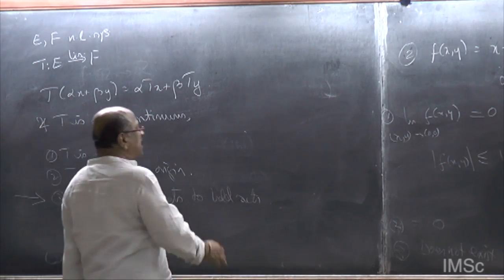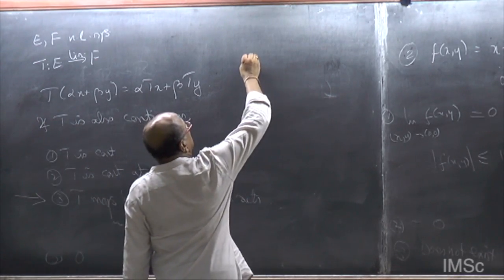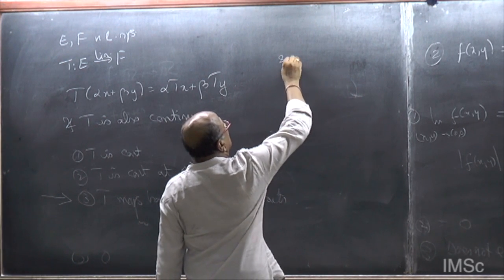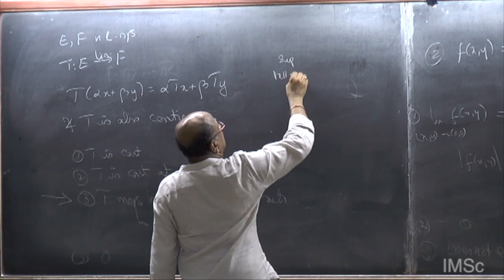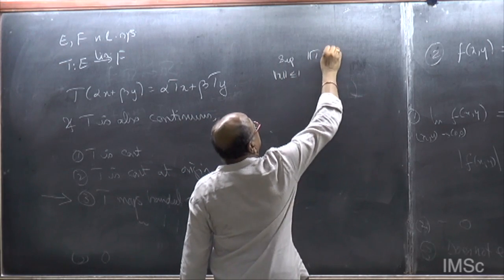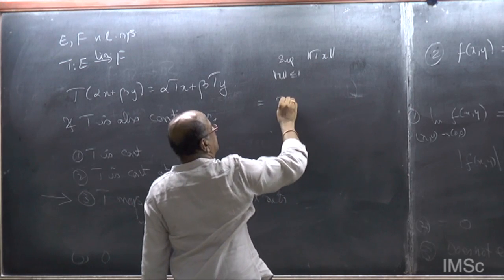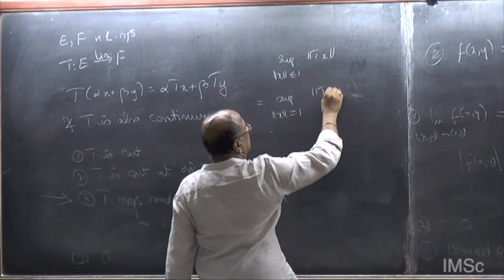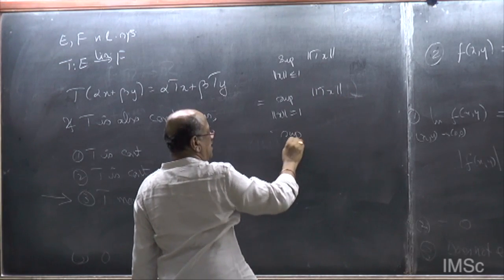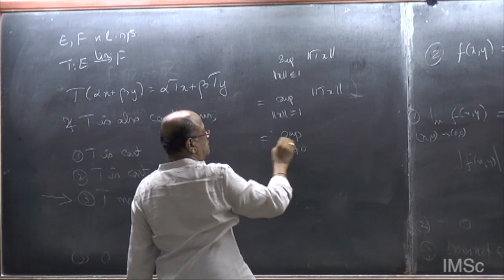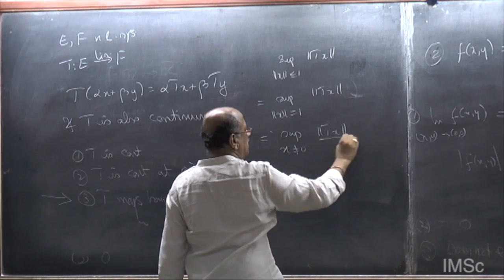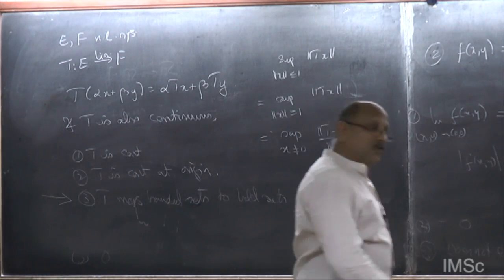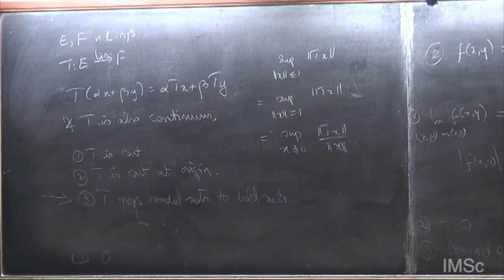And then if T is a continuous linear transformation, then the following are all equal: sup over norm x less than or equal to 1 of norm of Tx, equals sup over norm x equal to 1 of norm of Tx, equals sup over x not equal to 0 of norm of Tx by norm x. All these numbers are equal, you can prove this.